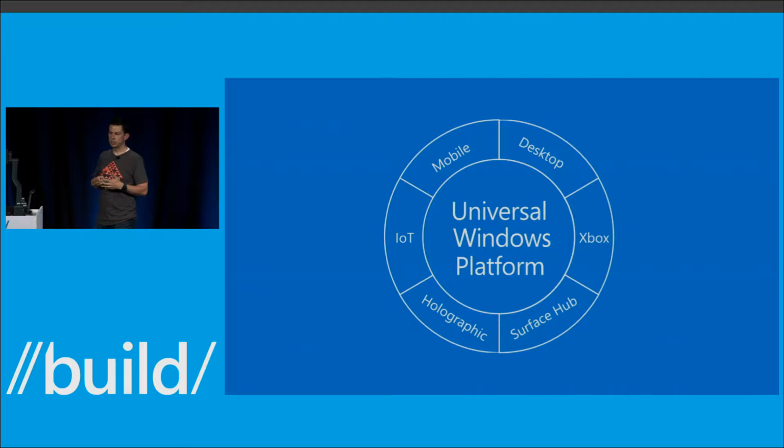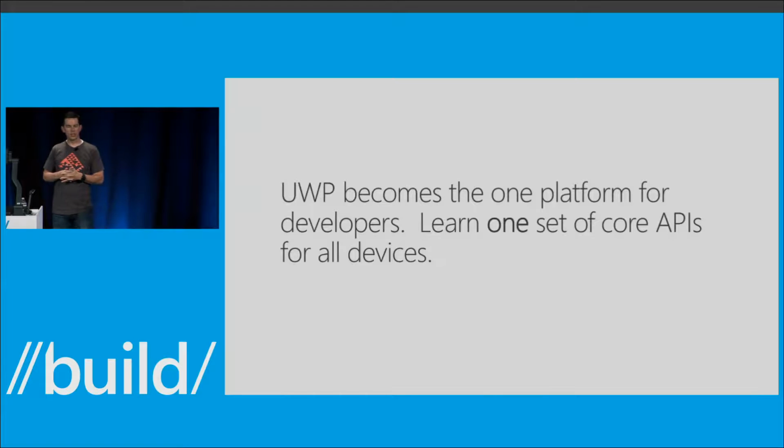This universal Windows platform is the one place that you want to target. So the UWP, the acronym Universal Windows Platform, becomes the one set of core APIs that you as a developer have to really focus on to target all these Windows device endpoints.